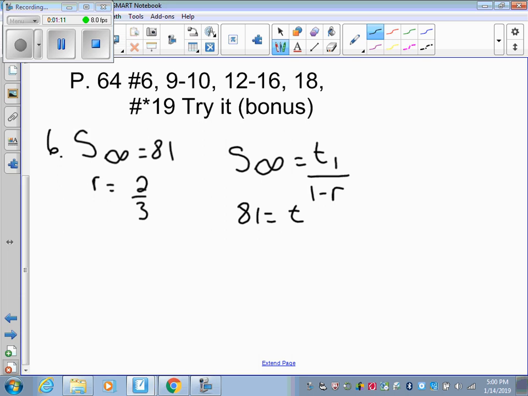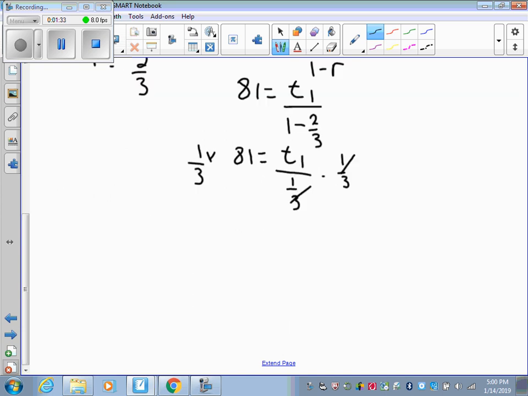We don't know T1, we know R, which is 2/3. So 81 is equal to T1 over 1 minus 2/3, which is 1/3. In order to solve for T1, just multiply both sides by 1/3, and you'll get your T1, which is 27. That was one that was a bit trickier.